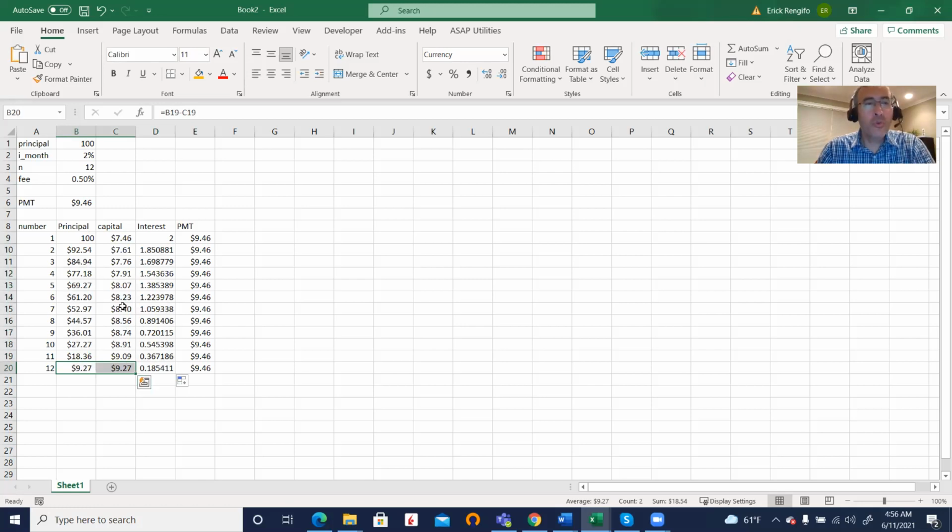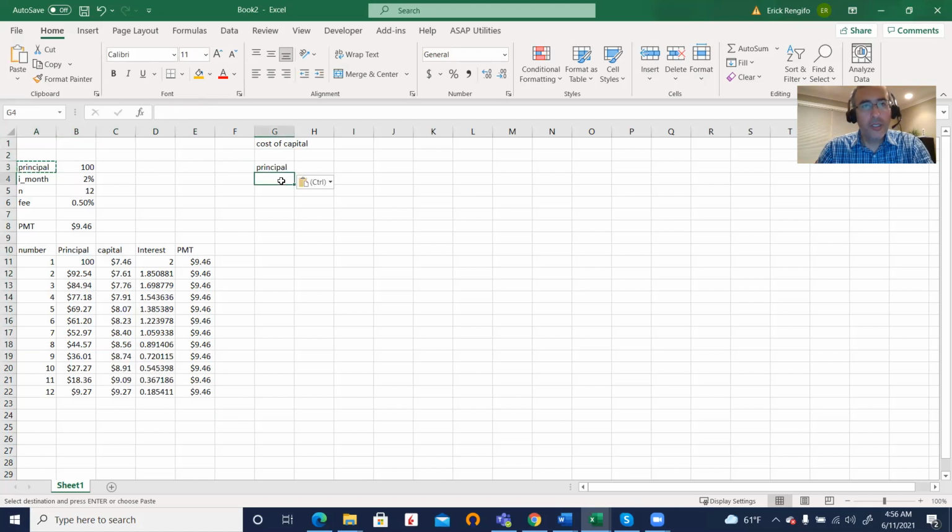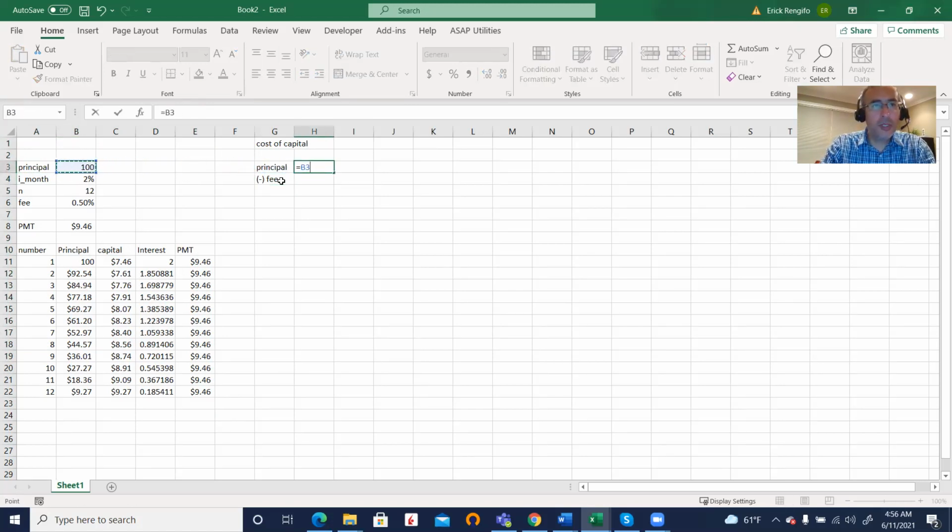Okay. So where this fee enters is simply to compute the cost of capital. So when you want to analyze the cost of capital, let's write this here, cost of capital. Here is where it enters. Perhaps I can move this a little down. Okay, so I will copy this. I want to have the principal. I need to discount the fee. So my principal is going to be this one here.